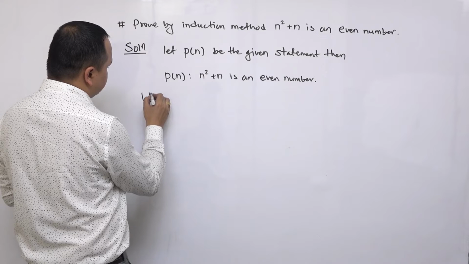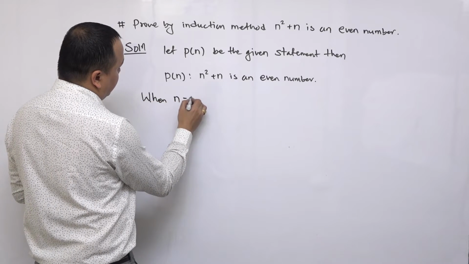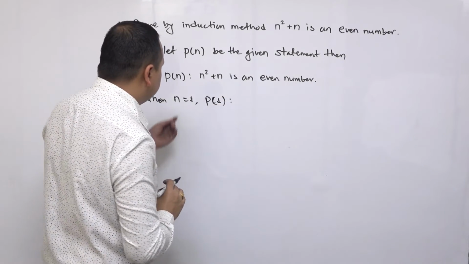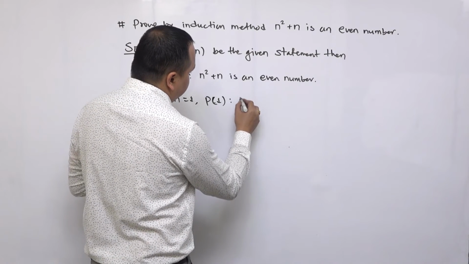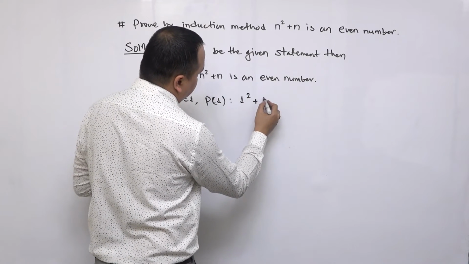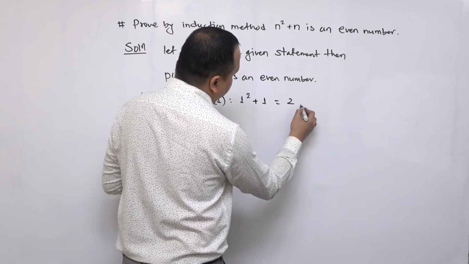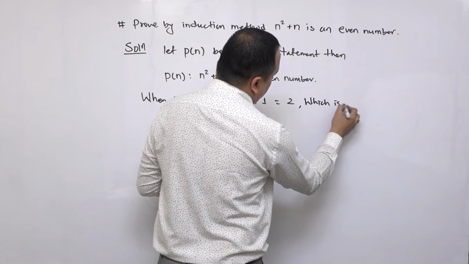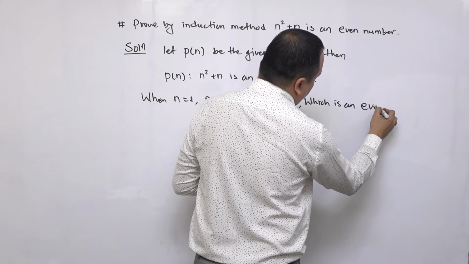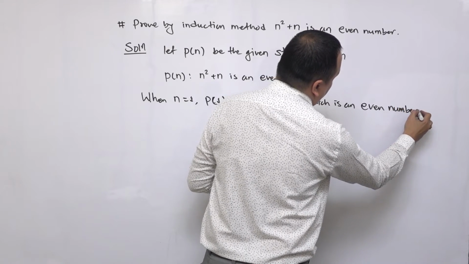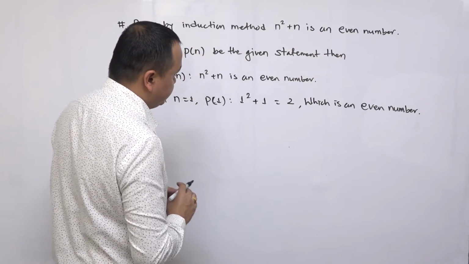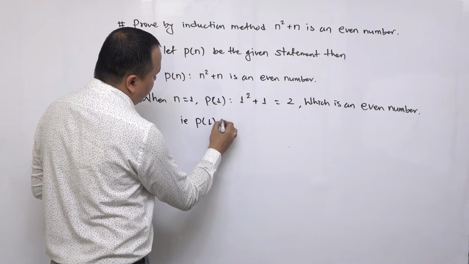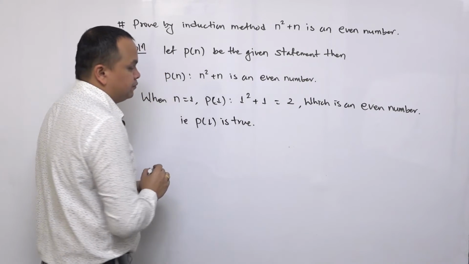When n is equal to 1, P1: 1 square plus 1, which is 2, which is an even number. That is, P1 is true.